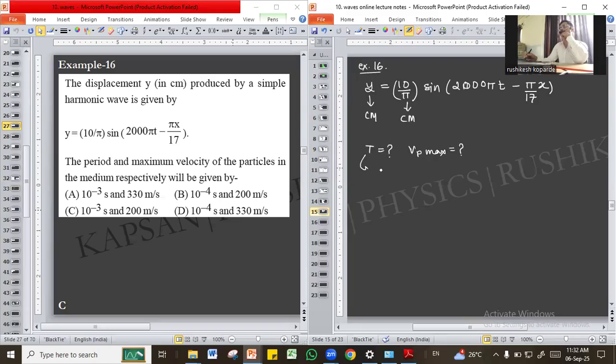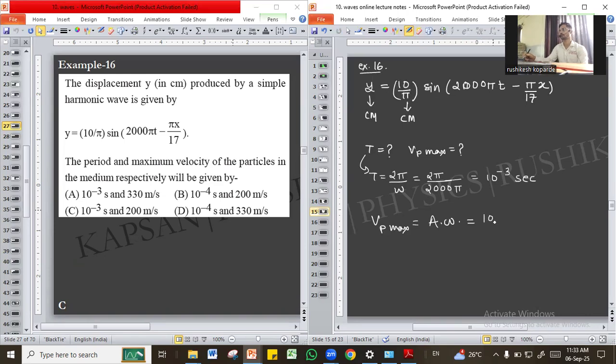Okay, what is period? 2 pi by omega. What is omega here? 2000 pi. So it is simply 10 raised to minus 3 second. Vp max, maximum particle velocity in oscillation, is omega into root of a square minus x square. Put x equal to 0, mean position, you will get A omega.